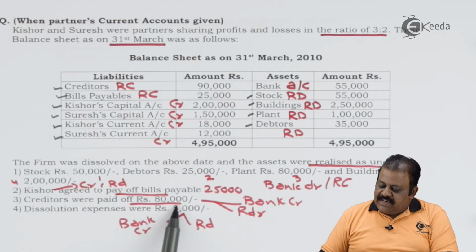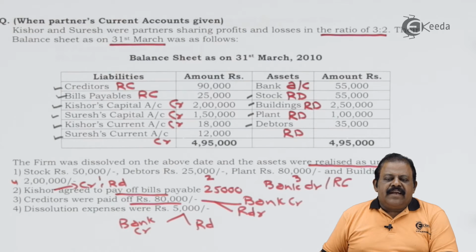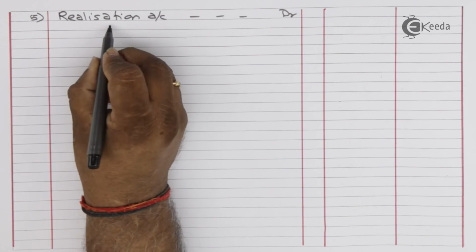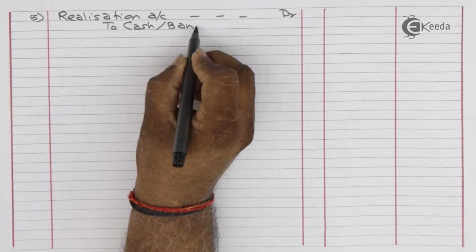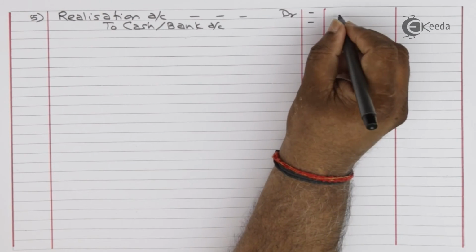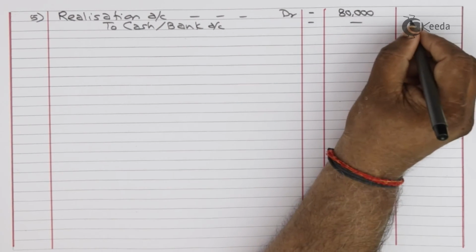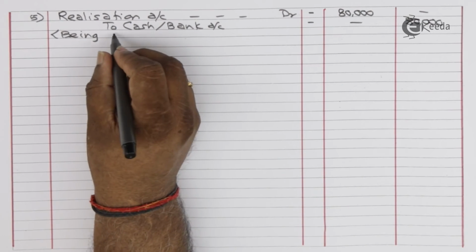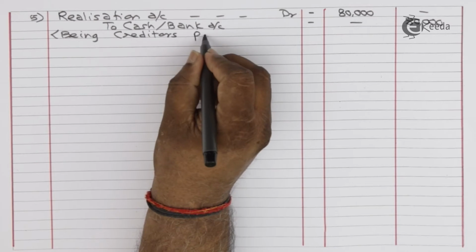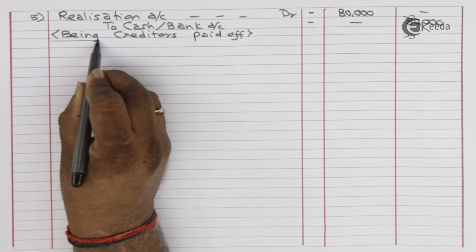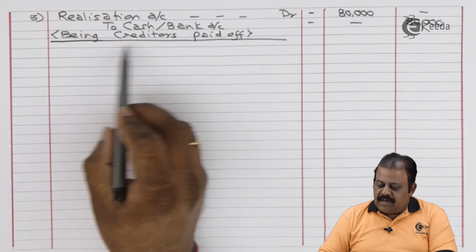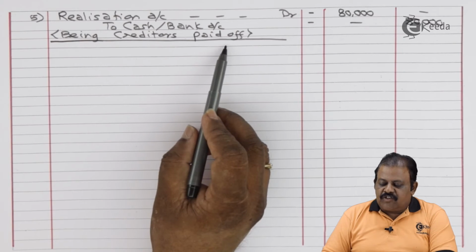Creditors were paid off rupees 80,000. Entry is realization account debit to cash bank. Realization account debit to cash bank 80,000, being creditors paid off.